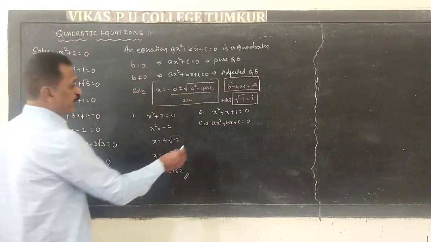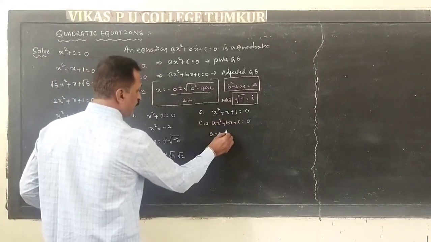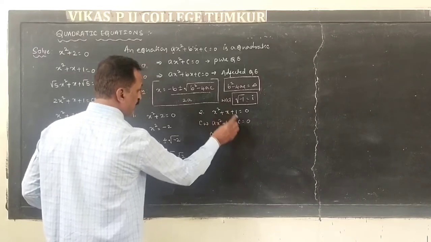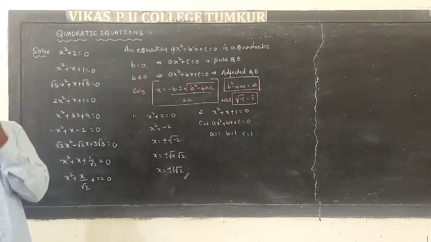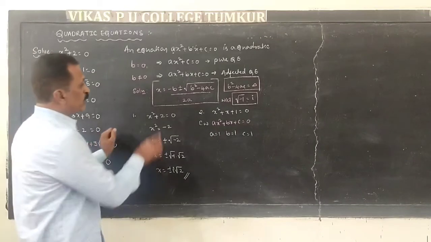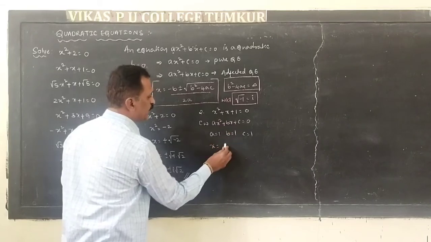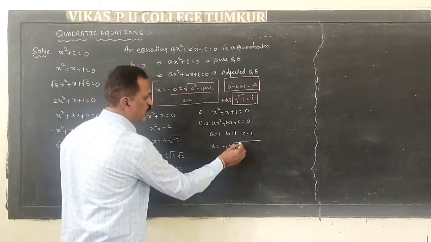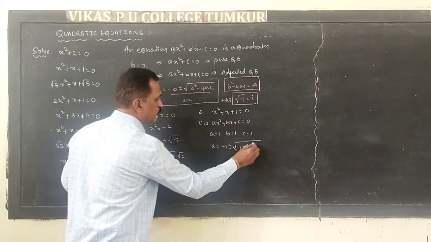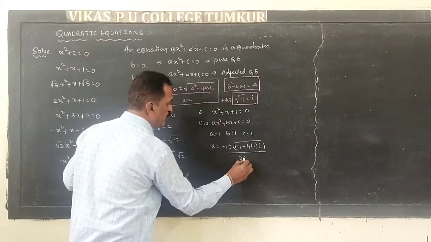Then what is the value of a? a, the coefficient of x square, is 1, b, the coefficient of x, is 1, and c, which is a constant, is also 1. Then what is the solution? x is equal to minus b, minus 1, plus or minus square root of b square, 1 square, minus 4 times a into c, divided by 2 into a, which is 1.